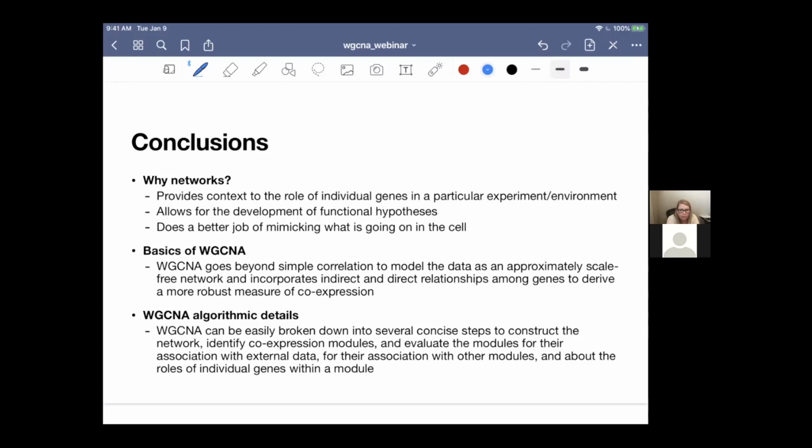One of my general teaching philosophies is that WGCNA is a really good method to start off with when learning about network analyses. It's a little bit more clear and less statistically complex than other methods. And the tutorials that this group has put together are fantastic, easy to follow along, and in depth. So I definitely think it's a good one to start with, and then think about extensions, like Bayesian networks and things like that, as a second step.